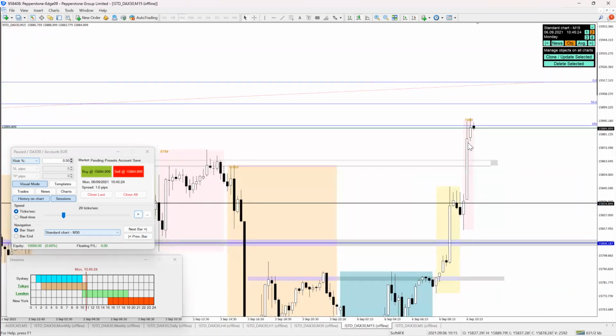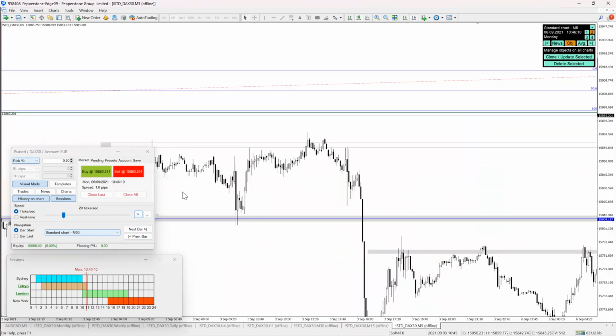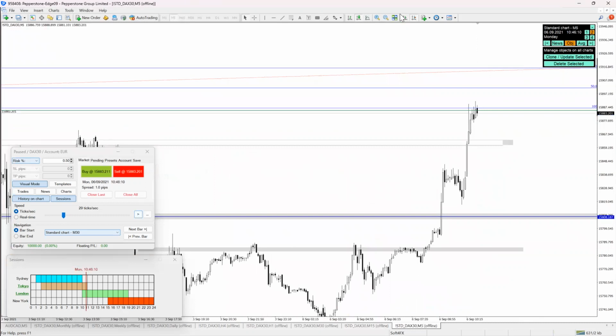Okay, so 15-minute close bullish. Have to wait for a shift in structure.